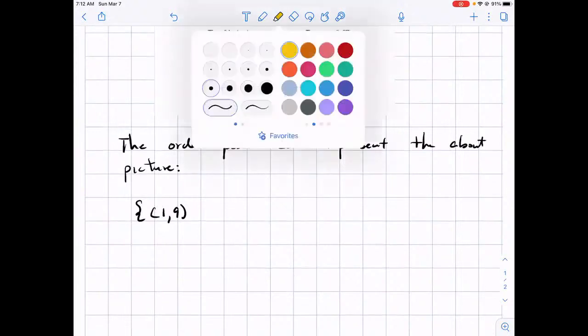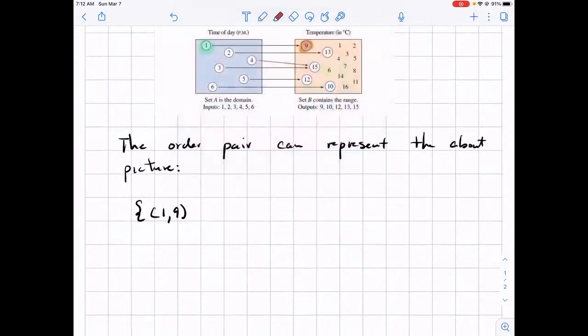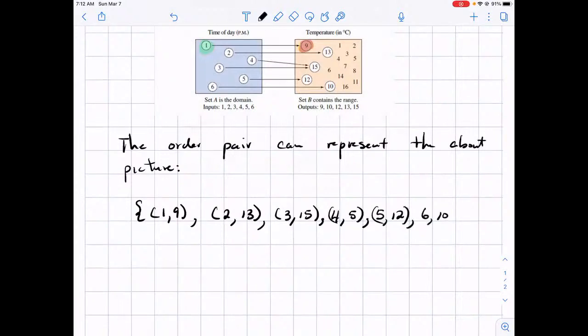Then (2, 13), okay, (3, 15), (4, 15), (5, 12), and (6, 10).